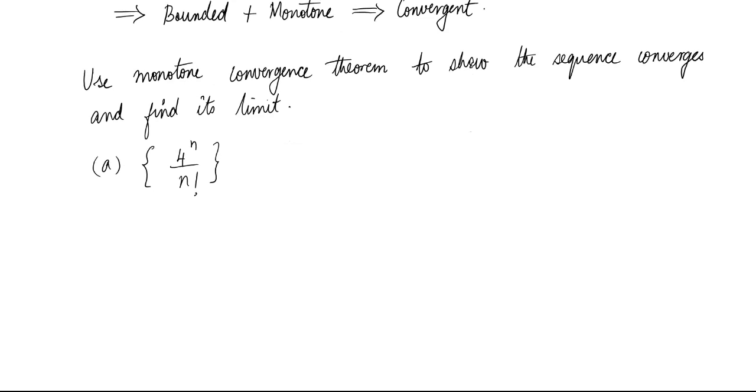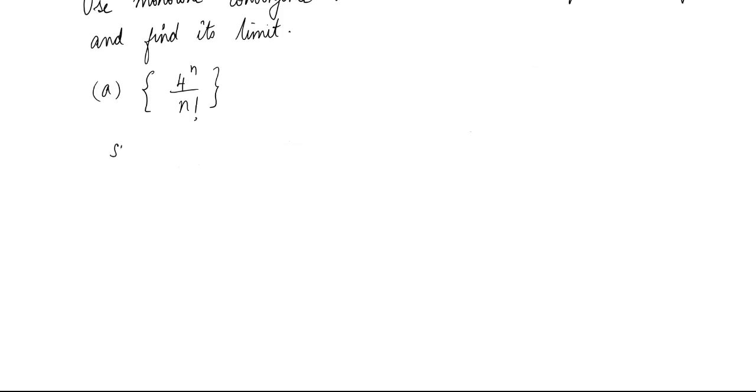We need to show that this sequence converges. That would mean that if we can show that it's bounded and monotonic, then we can show that it's convergent, because that's what the monotone convergence theorem wants us to show. Expand the sequence.